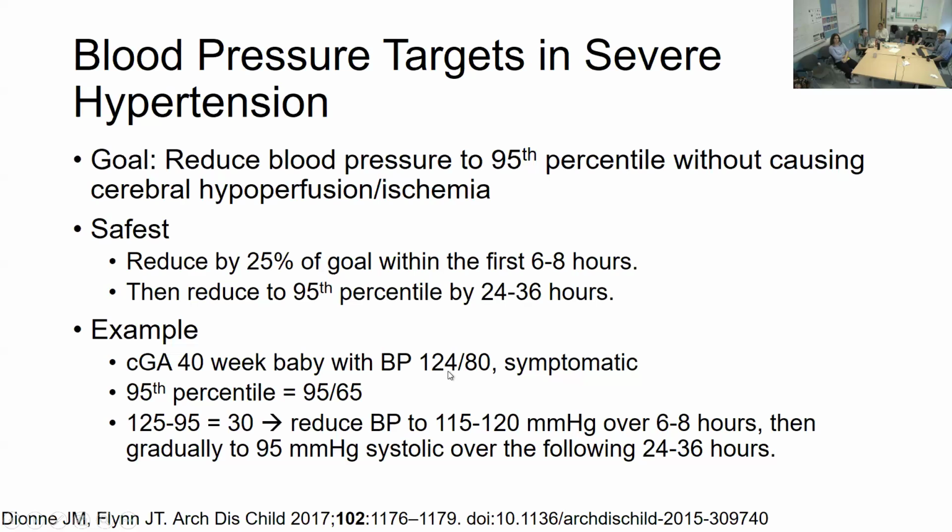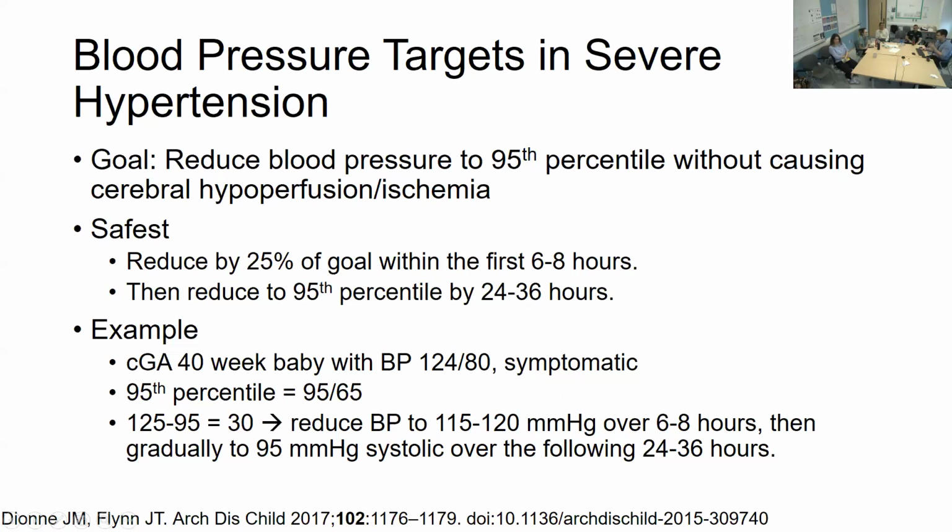And so to go from 124 down by 8, I give a range because, good luck getting exactly there, so even this is probably a pretty small range. But you want to get it down to this over the first 6 to 8 hours. Once you've established that, then you can gradually decrease your blood pressure goal over time to get to your 95 millimeters of mercury systolic.